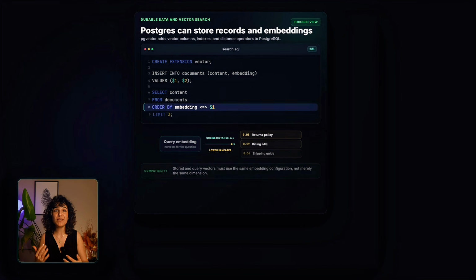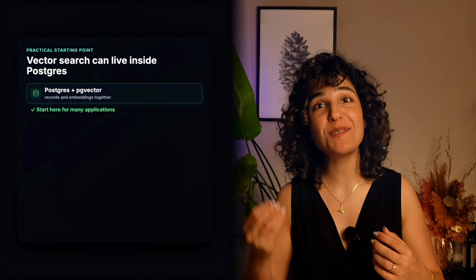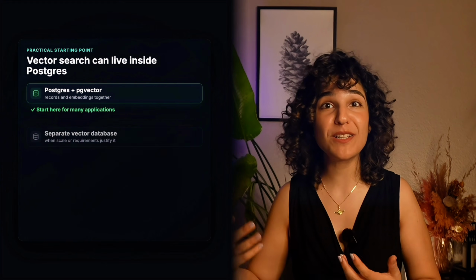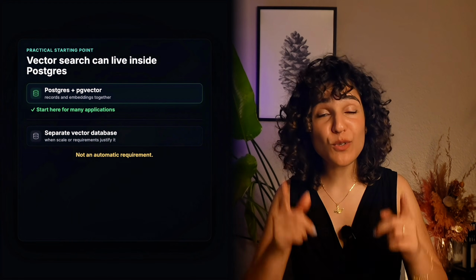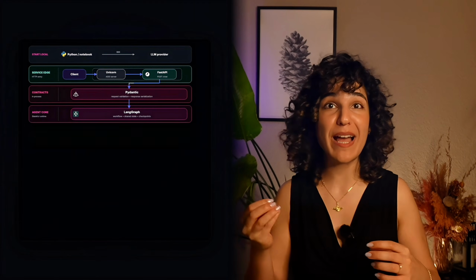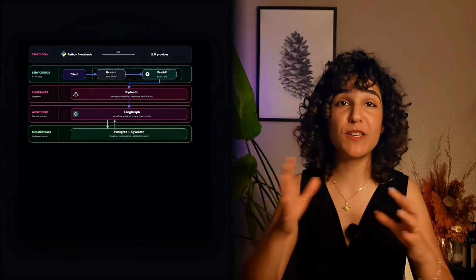So our normal application data and our vector data can live inside the same database. This is important because sometimes people think that as soon as they build RAG, they automatically need a completely separate vector database. You don't. Dedicated vector databases absolutely have their place, but for many applications, Postgres plus pgvector is a very practical starting point.